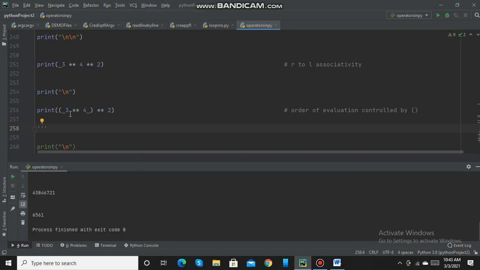So 3 raised to 4 is 81 and 81 raised to 2 is 6561. So I have changed the order of evaluation using the parenthesis. Operator precedence can be overridden using parentheses. Parentheses have highest precedence. It is a good practice to use parentheses because it minimizes mistakes and makes the code more readable.